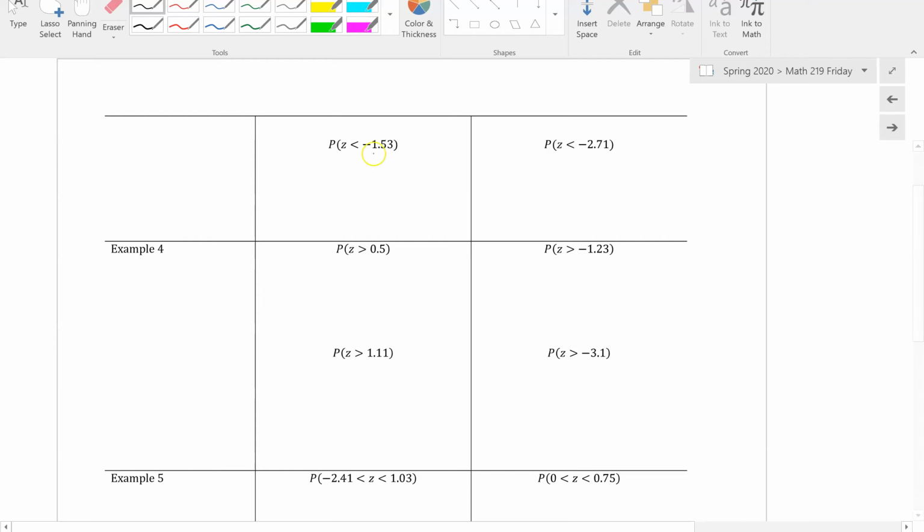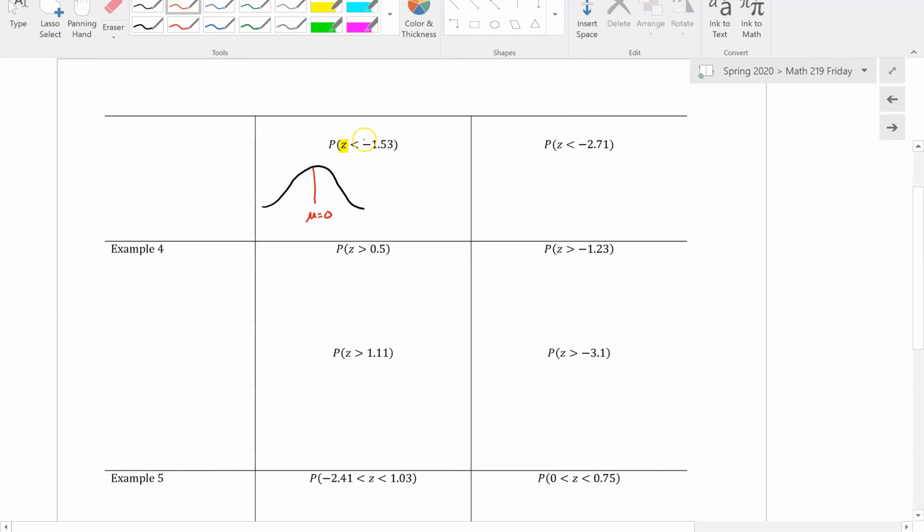But let me just go ahead and do one or two of these. So let's find this one, the probability that z is less than or equal to -1.53. The fact that it's z tells me we are on a standard normal curve. So my mean would be 0.